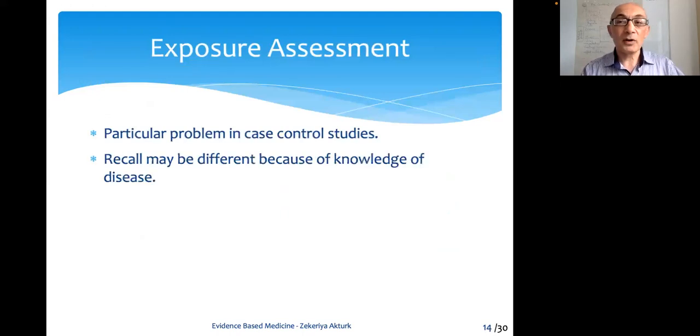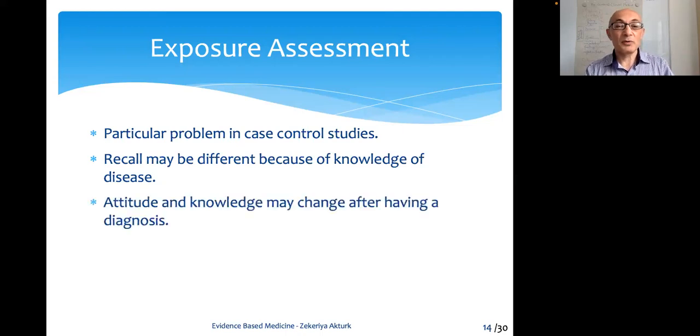That is particularly important also for case control studies, because you remember in the case control studies, we had the cases and controls, and we were tracking back and asking them some questions about their past, about their exposure to some risk factor in the past. So recall, in this case, might be an important issue.